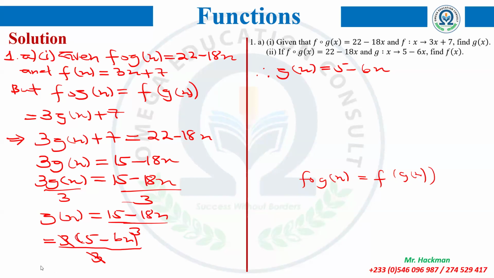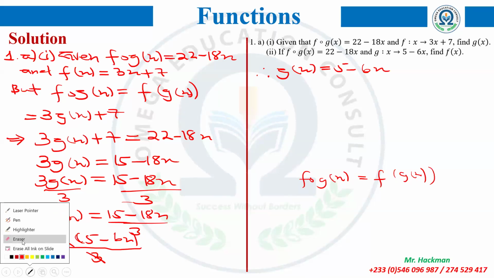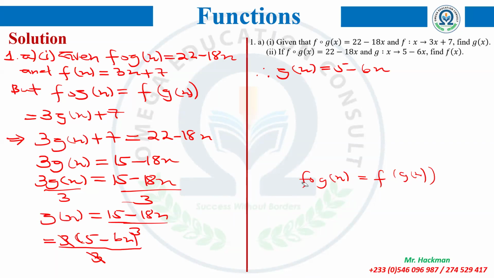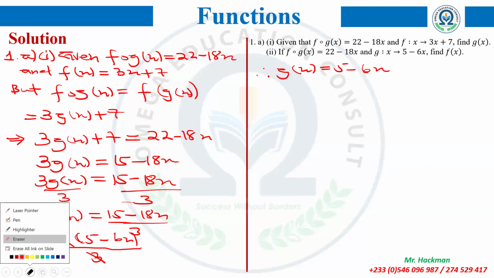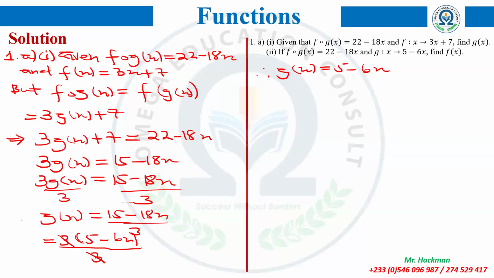In that situation, we cannot make use of the direct meaning of the composite function. So we have to use another approach, which is not entirely new to you. We'll make use of a particular concept. We just apply it. We need to extract what we are given.